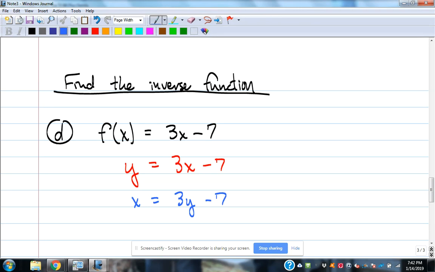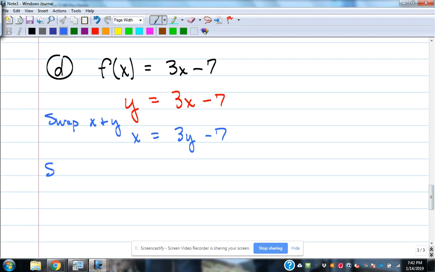So you're going to swap x and y. And then the next step is solve for y. Okay? So in order to solve for y, I'm going to add 7. So that's going to be x plus 7 is equal to 3y. I've almost got y by itself.